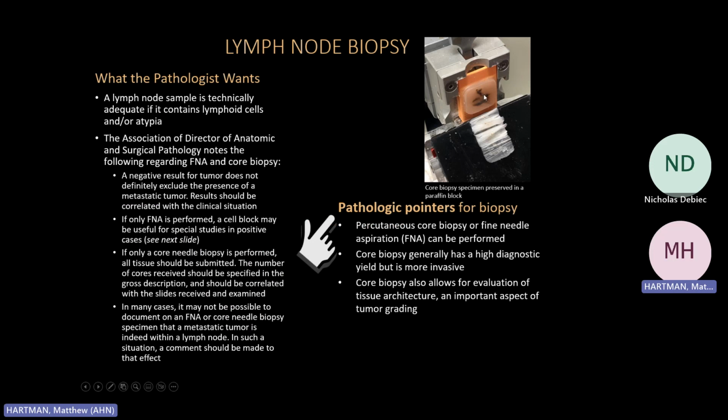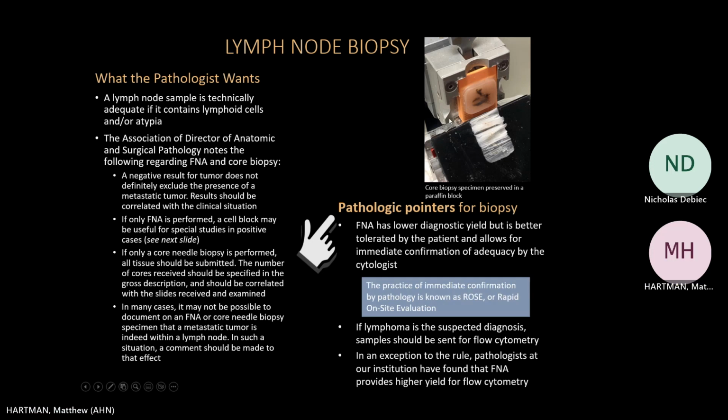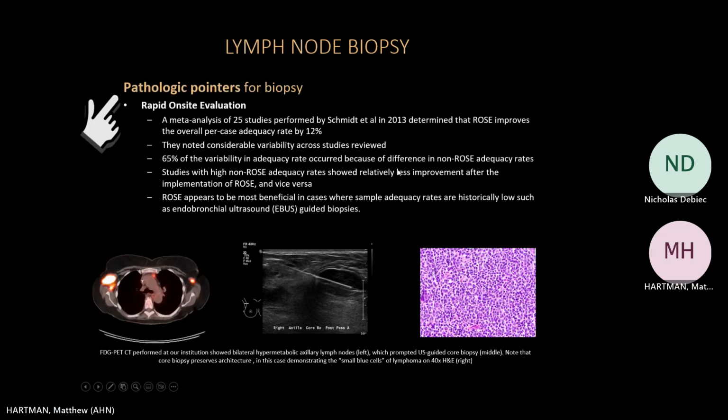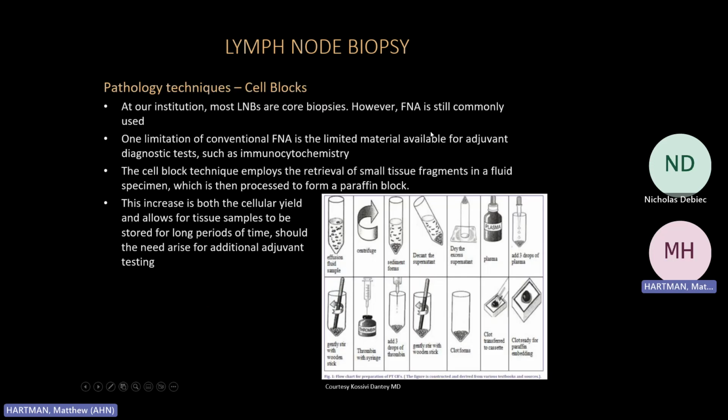If we get a core, get that nice little section, they can embed it in the paraffin, slice it down, and they really get a nice sense of the architecture for that lymph node. As opposed to doing an FNA, where they will get small samples, put in liquid, and do something called a cell block.